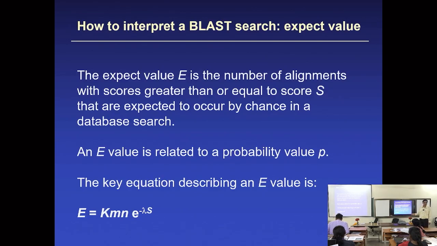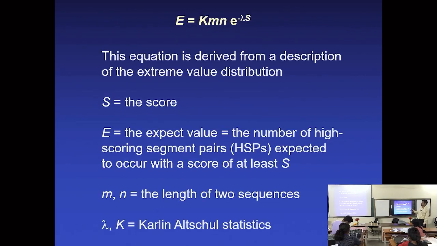We will see the relation in a moment. And here is the e-value relationship with the score. S is a score. M and N are the lengths of the two sequences. Lambda and K are Karlin-Altschul statistics parameters, named after two scientists who developed this statistics.